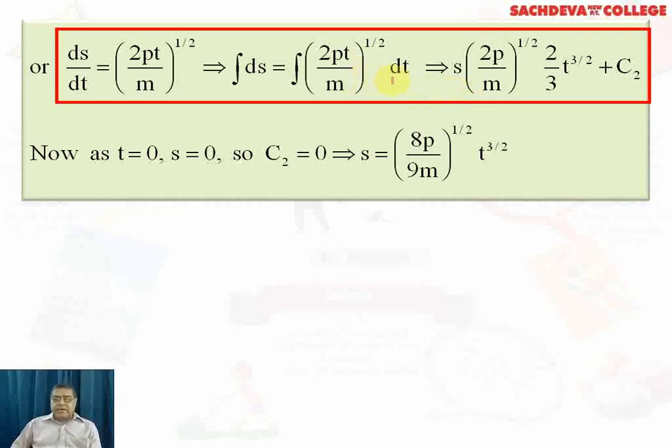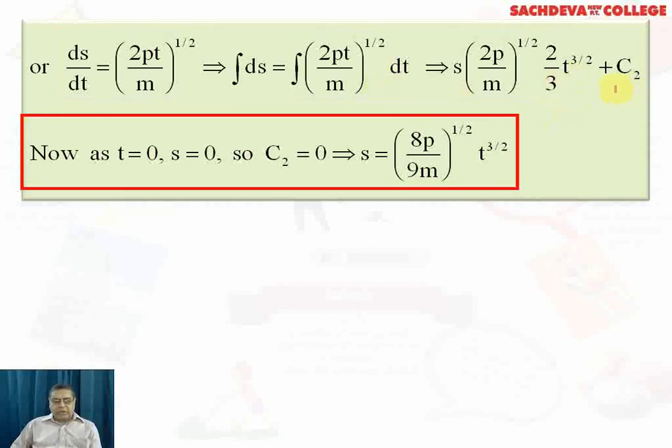When we integrate ds, that is 1 ds, it is equal to s. By integrating the function, we come to the conclusion that s equals (2P over m) to the power half, into 2 by 3 t to the power 3 by 2, plus c2. By putting t as 0, s as 0 and c2 as 0, we come to the conclusion that s is equal to the square root of 8P over 9m, into t to the power 3 by 2.